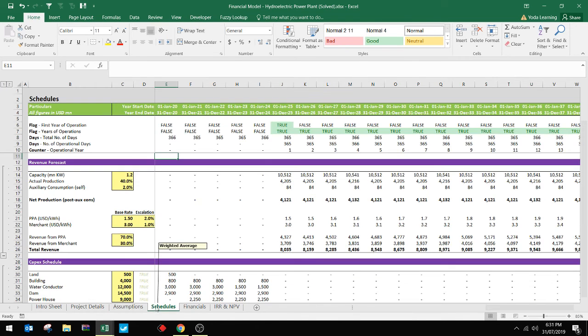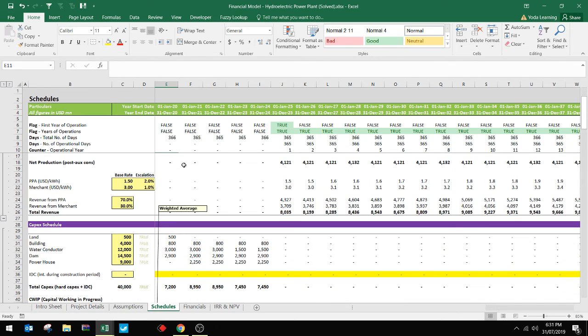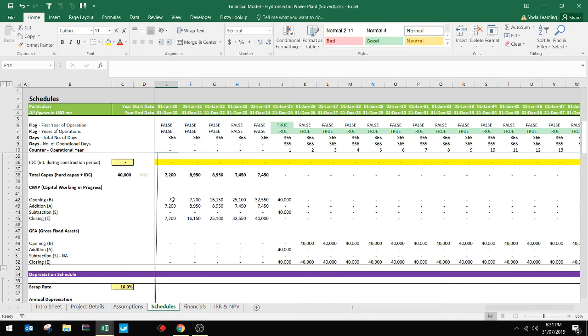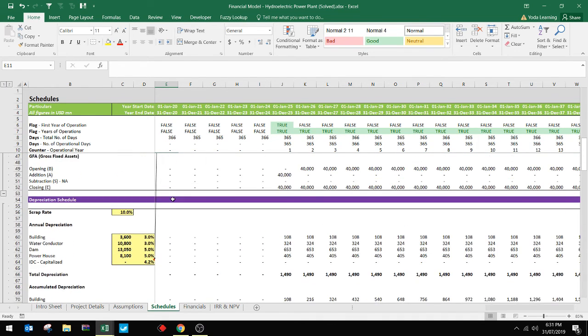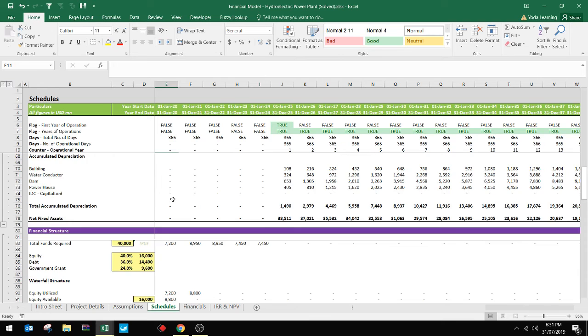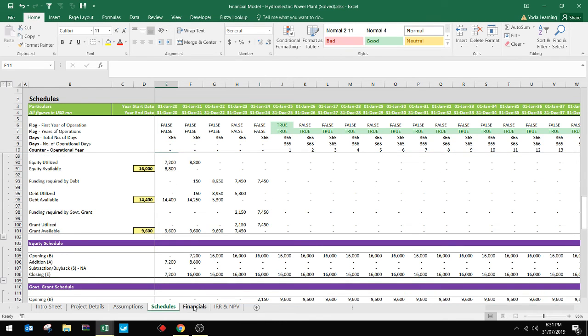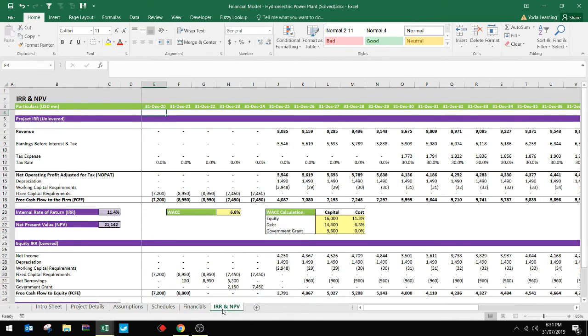So the schedules are then constructed for the next 30 years. And then we can continue all the way down understanding the different structures, moving on to the financials and finally to the NPV and IRR.